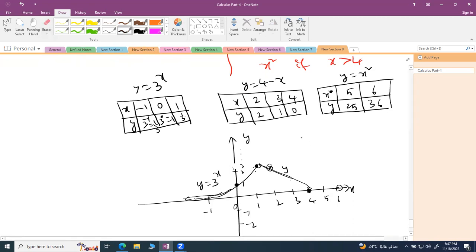From here around somewhere here 16, y equal to x square. That's all. Thank you very much.